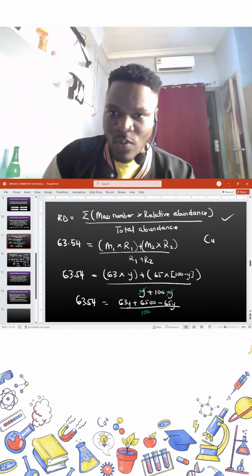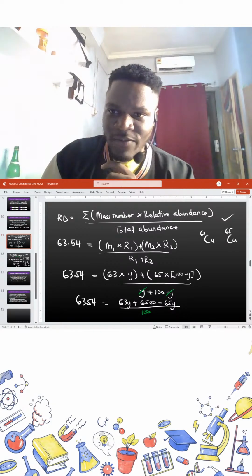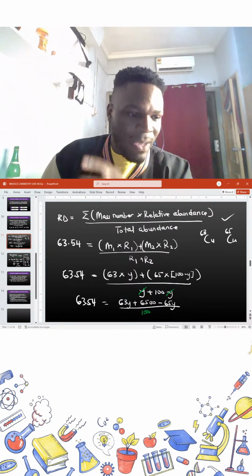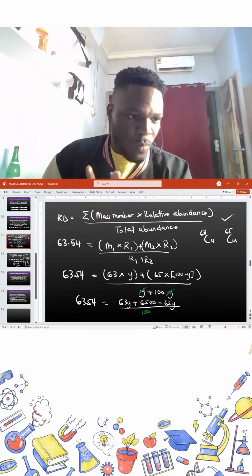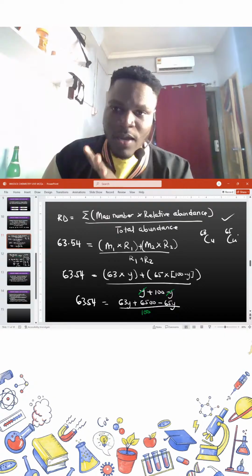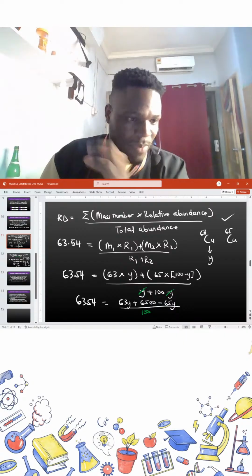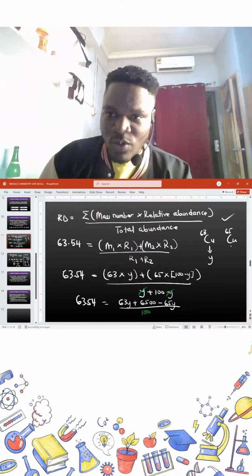We don't know the percentages of copper 63 and copper 65 present in the isotope, so we want to find that. For us to do that, we represent copper 63 by y, the percentage present by y. And because the total percentage is 100, we represent the second one by 100 minus y.